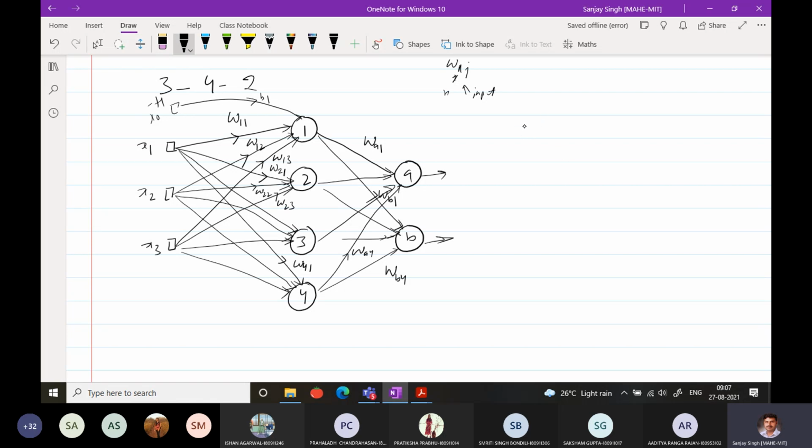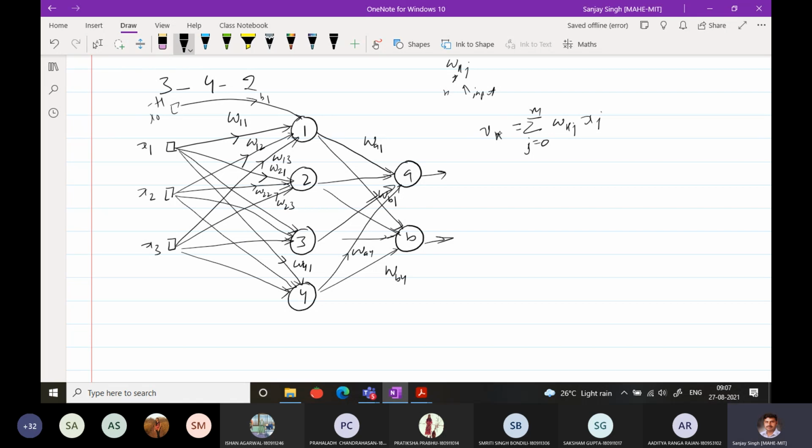To indicate the entire part, we say i equal to 0 to m, and we say w kj xj. So this is the input which you are getting, and let me call it the activation potential for neuron 1.